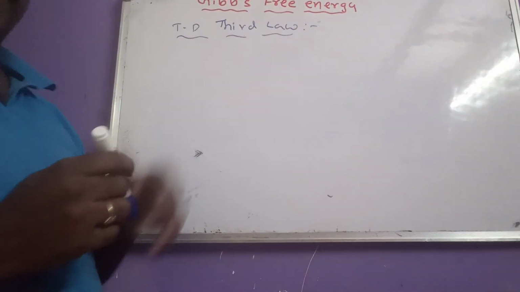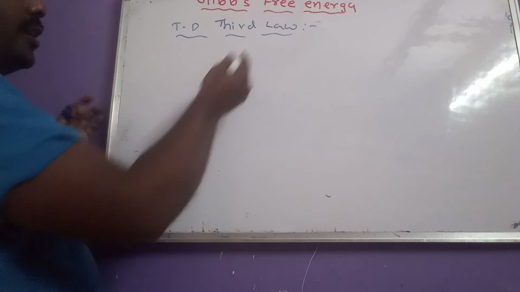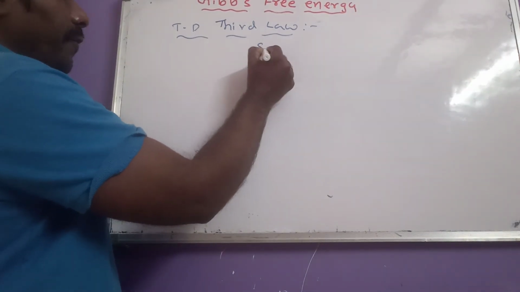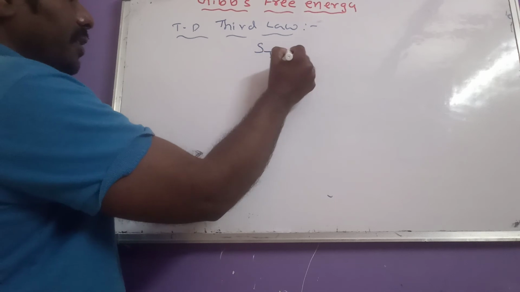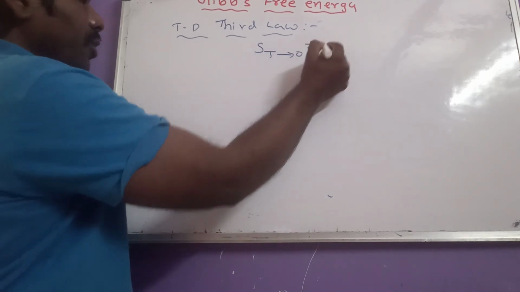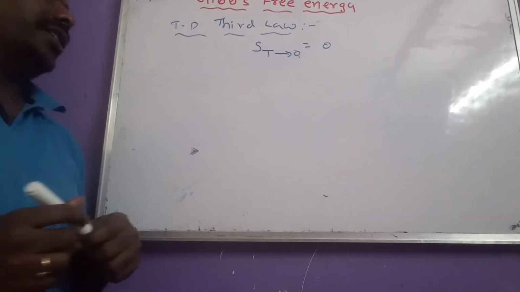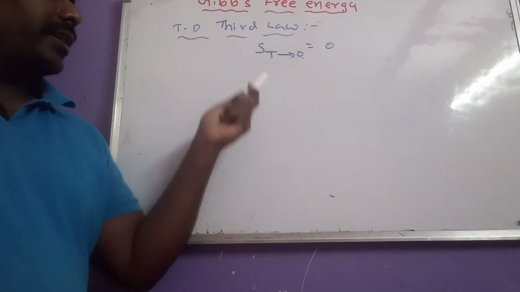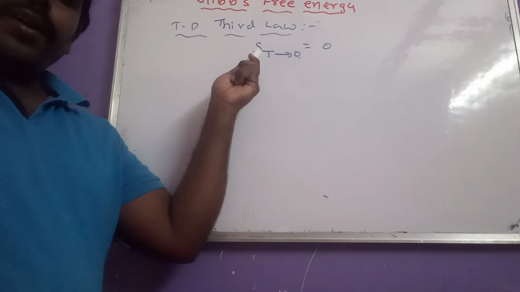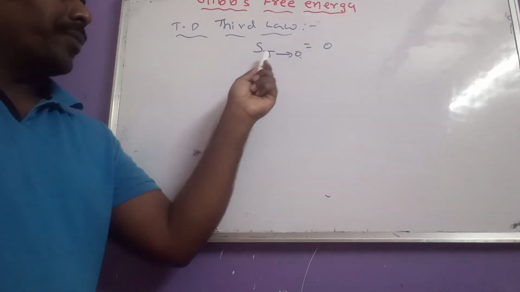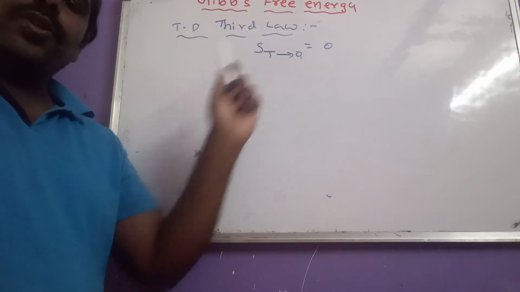According to the third law of thermodynamics, the entropy of a perfectly crystalline substance is equal to 0 at absolute 0 temperature.